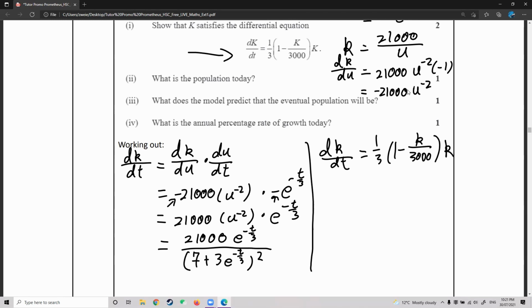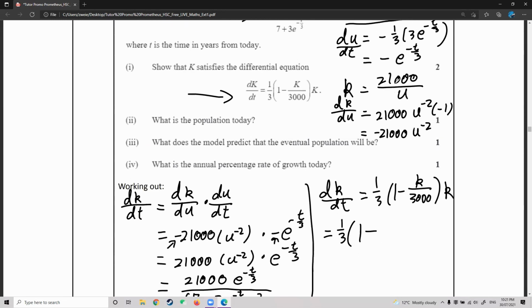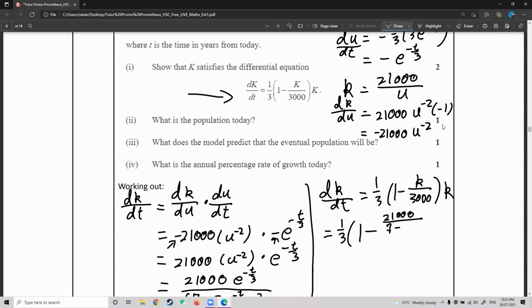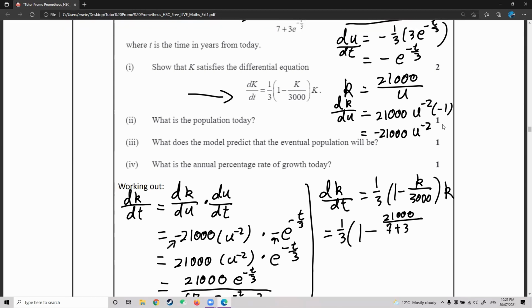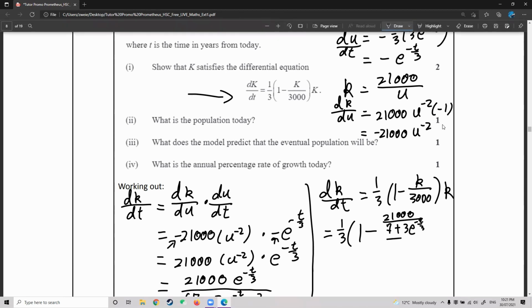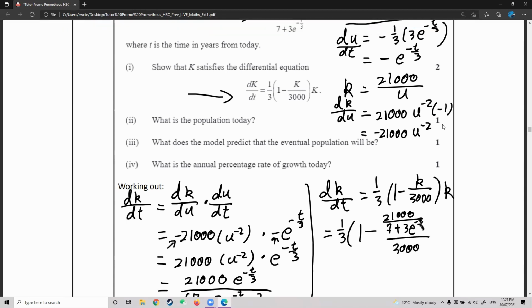This means it is equal to 1 minus your k, subbing your k in, 21000 over 7 plus 3e minus t on 3, over 3000, times the 21000 over 7 plus 3e minus t on 3.